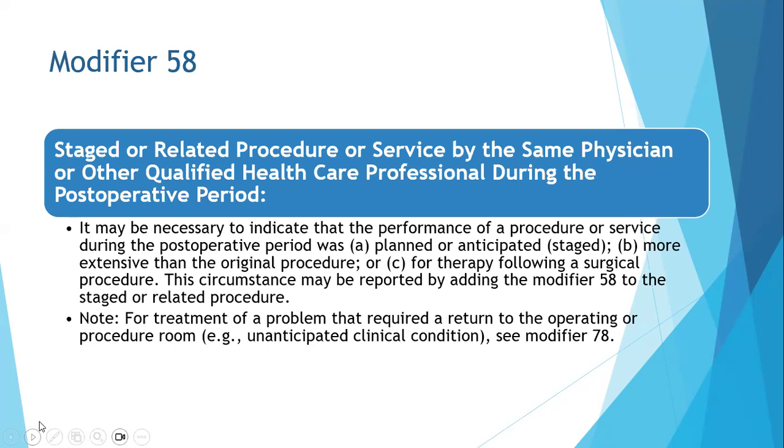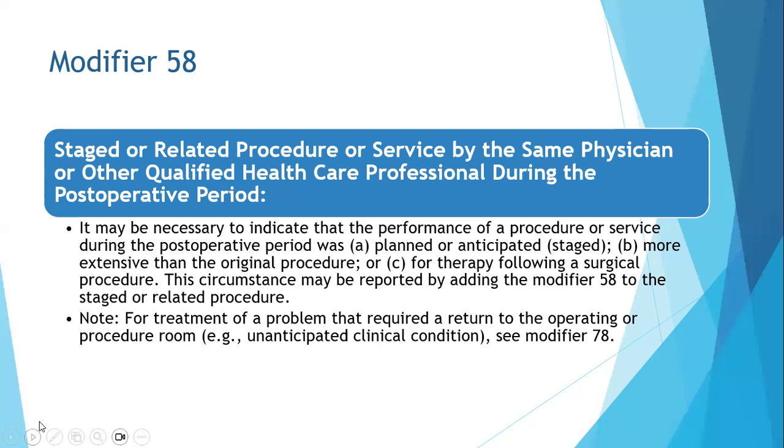If they're having to come back for a more extensive procedure than the original. Say the original procedure put them in global, but now they're having to do even more work because the patient declined or they had some type of complication or an additional issue happened and they're having to perform an even more extensive surgery related to the previous surgery.